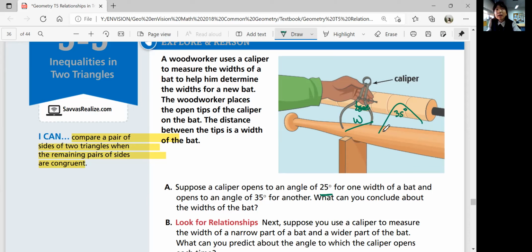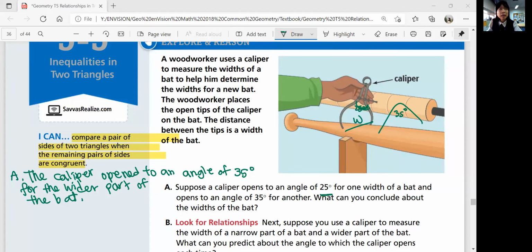So the side opposite 35 degrees must be greater than the side opposite 25, right? Which means the width of the bat is greater for an angle of 35 than the one for 25 degrees. Okay, so let's record that. Let's write that down. The caliper opened to an angle of 35 degrees for the wider part of the bat.